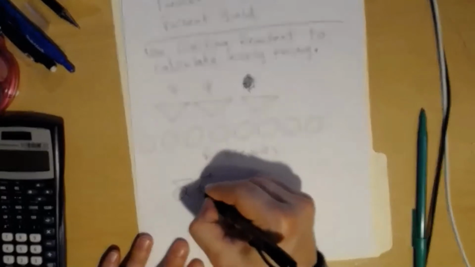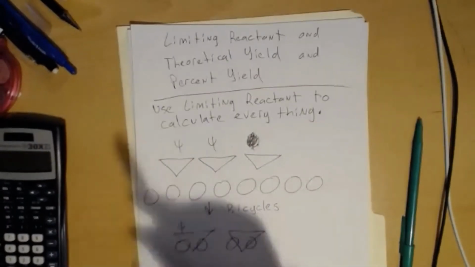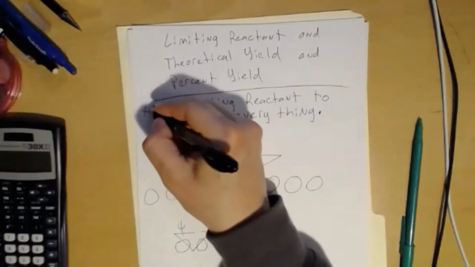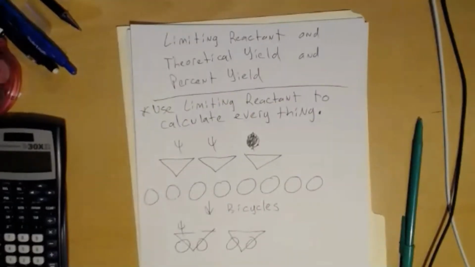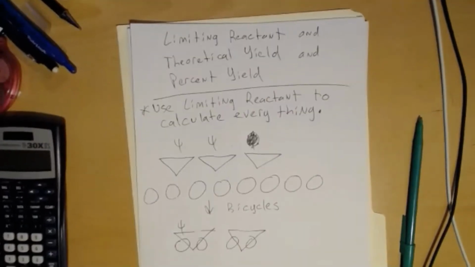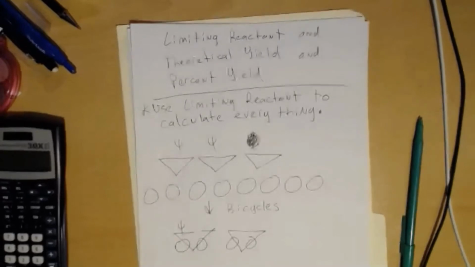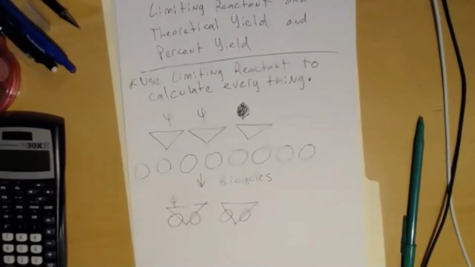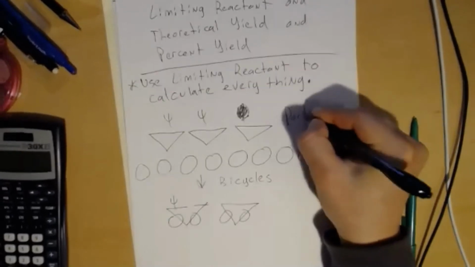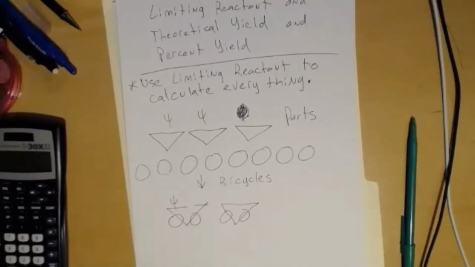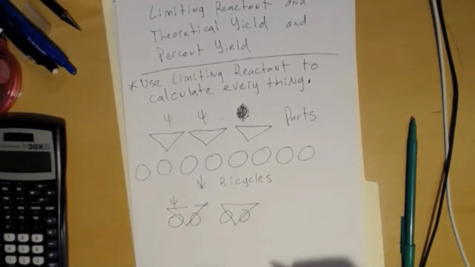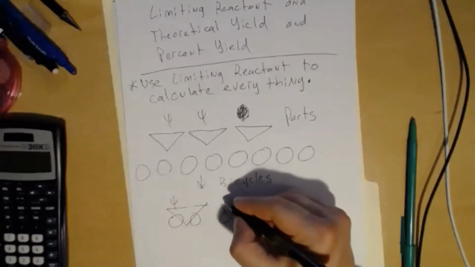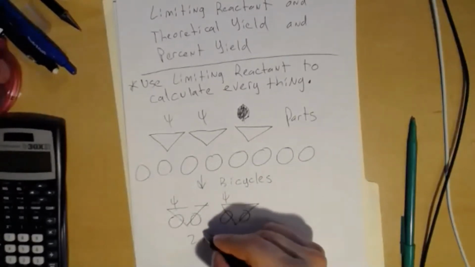But here we go. A really important concept to put a star by is to use the limiting reactant to calculate everything. But first I'm doing a metaphor. So we have all these parts and I'm making bicycles. Somebody said, hey, with those parts, you can make 2 bicycles.